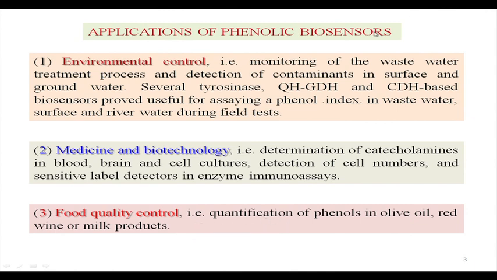Now through this biosensor, if the concentration is very low, say at the microgram or nanogram level, the ppb or ppm level, parts per billion or parts per million, this can also be detected for assuring your food quality, that it has not been much contaminated with phenol, whether you have an olive oil sample, a red wine sample or a milk product sample.